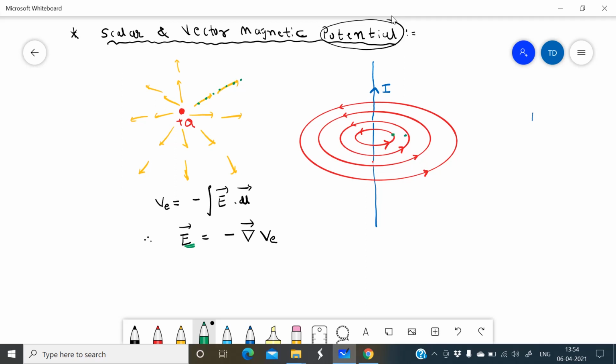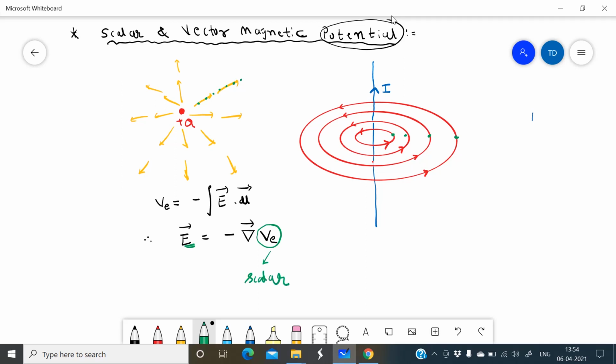Similarly, if we go away from this current carrying filament or current carrying wire, the magnetic potential also decreases. So we can relate electric potential with magnetic potential. Here VE is called electric potential and is a scalar quantity.